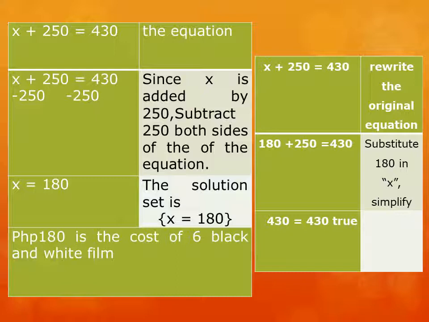Then, let's simplify. 180 plus 250 is equal to 430. Adding 180 plus 250, 430 is equal to 430. So, it is true that the cost of the 6 black and white film is 180.